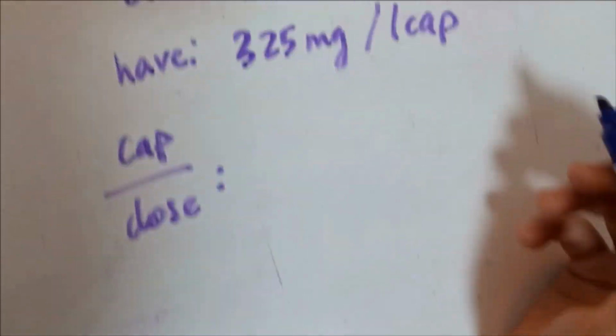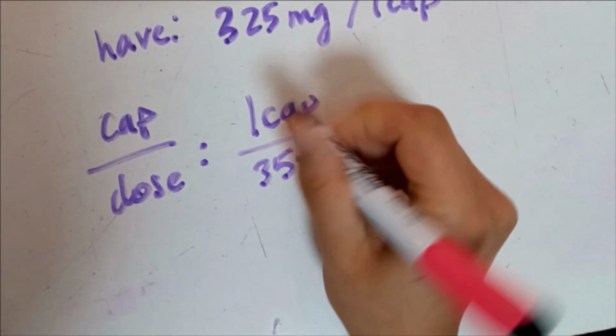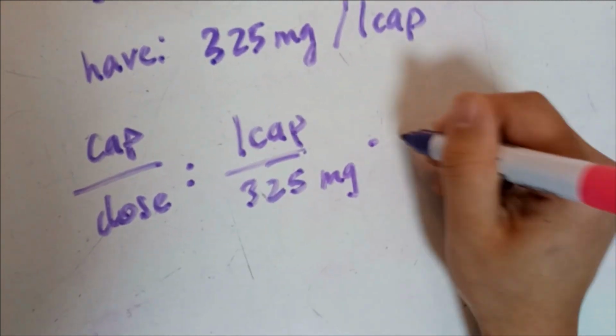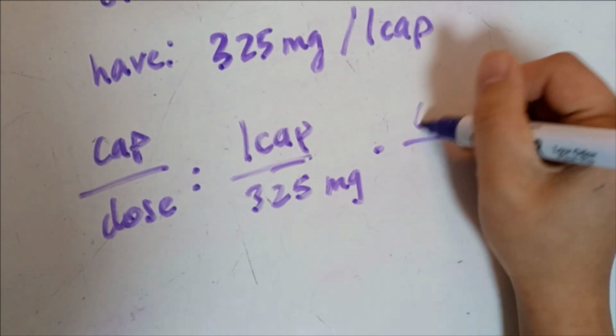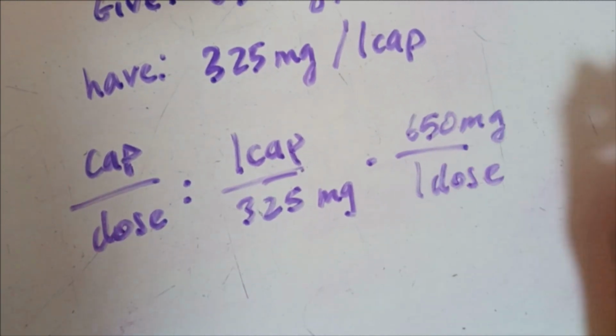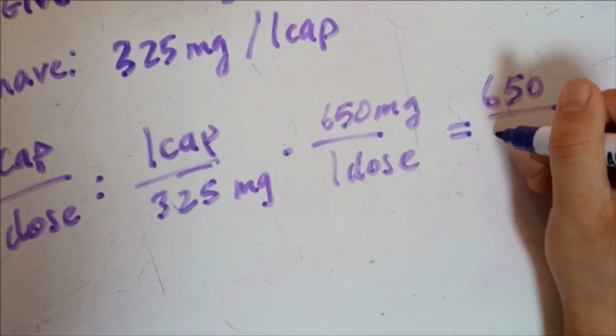Okay, so we have one capsule has 325 milligrams, and we need 650 milligrams for one dose. Okay, so we multiply the top, 650, divided by 325, and we get our answer.